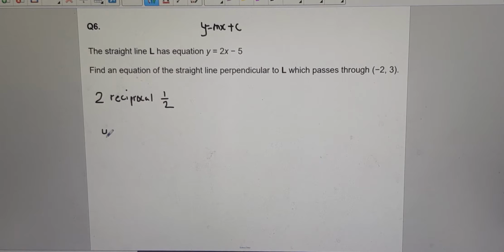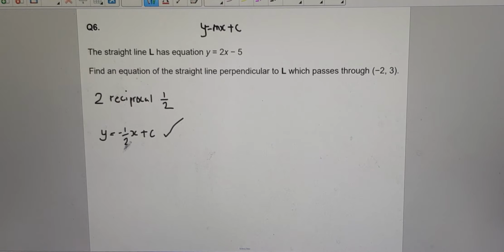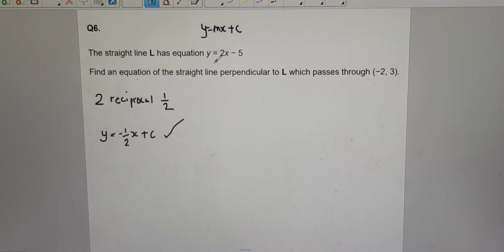This straight line is going to have a gradient of negative 1/2 x, because that's the format in which we put it. But I don't know what the y-intercept is, i.e. c. That's my first mark, by the way, guys, for recognizing that my perpendicular gradient is negative 1/2.